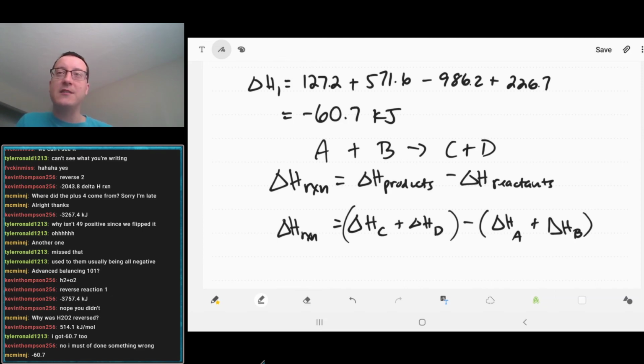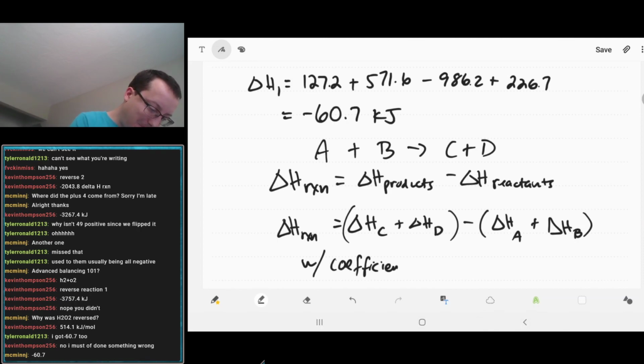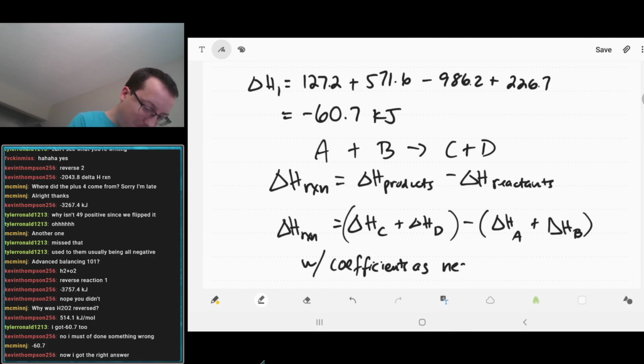It'll make it easy for us. We can separate it like this, as long as we understand that we have coefficients, I'm just going to write that. So, for example, if you had 2 for C, you would use 2 times delta HC, right? This is one way to kind of compartmentalize what we've done.